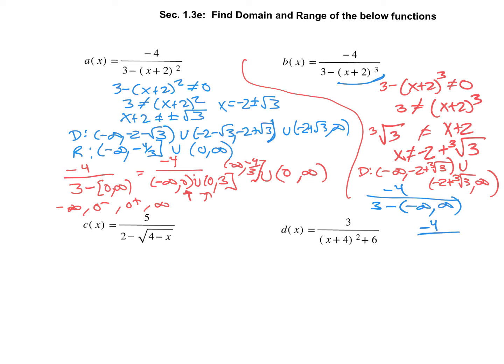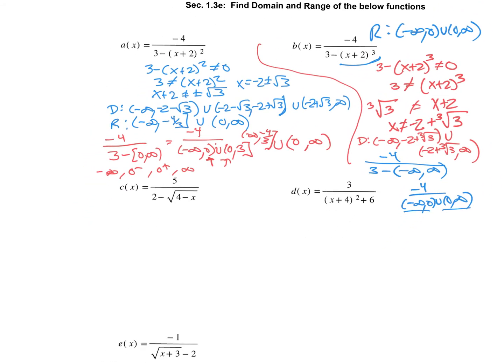However, I just want to remind myself that I can't divide by 0. So it turns out that this fraction achieves everything except 0, because the only way a fraction can be 0 is if the numerator is 0. And of course, that's not the case here. So the range here is much less limited than the one in part A. So negative infinity to 0, union 0 to infinity.